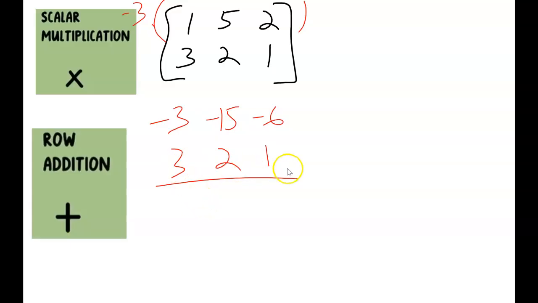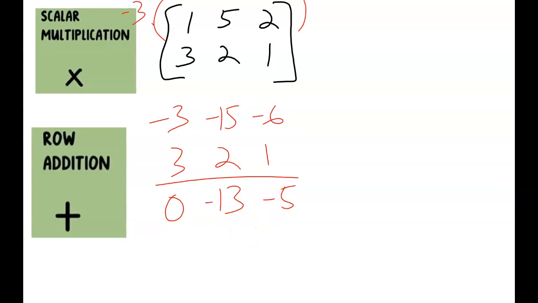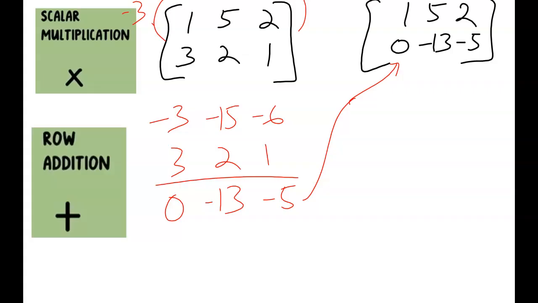Then the bottom row I just left alone and wrote it again. And now I add it. -3 plus 3 is 0. -15 plus 2 is -13. And -6 plus 1 is -5. Now see how I rewrote this in the bottom row here and left the top row alone.